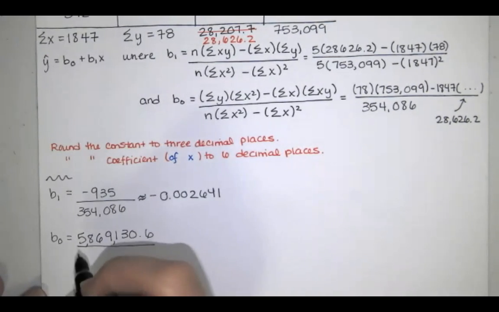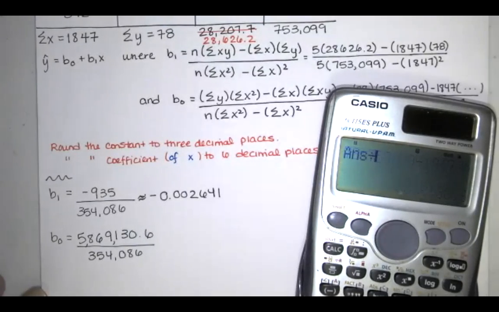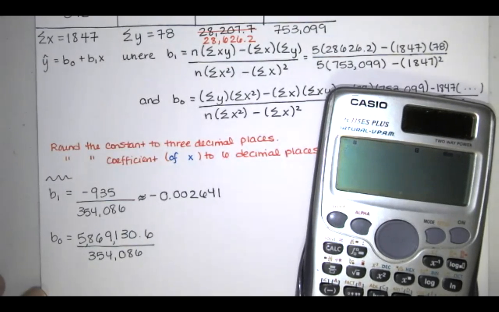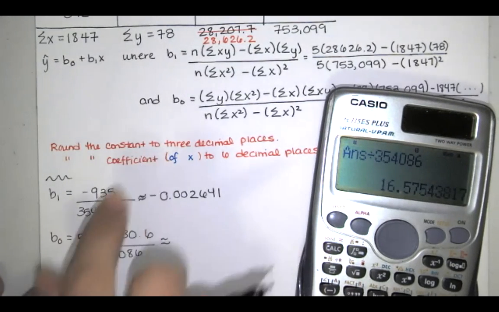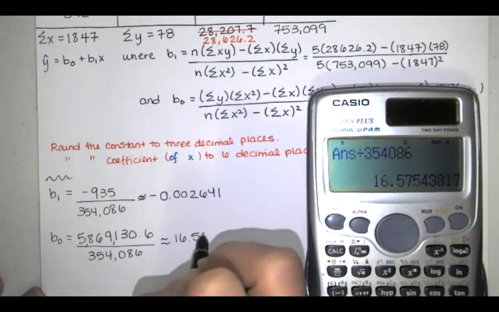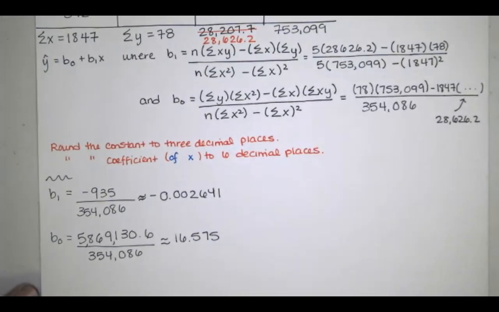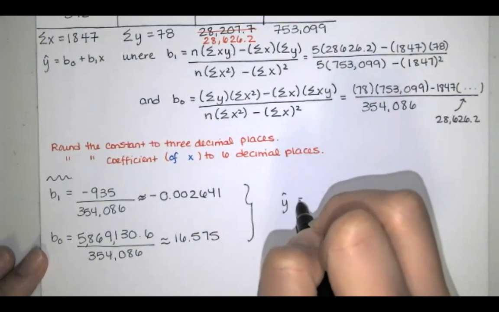And we're taking all of that and dividing by 354,086. And we're asked to round the constant term to 3 decimal places. So I have 16.575 here.